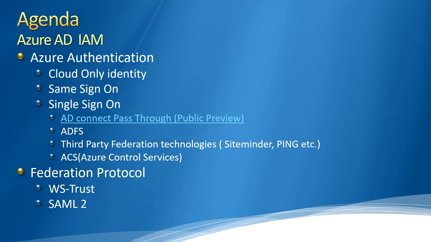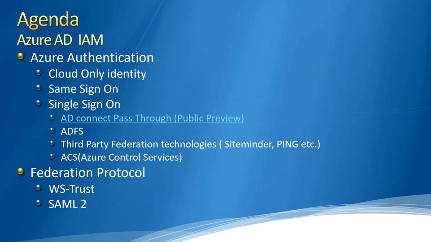But there was a need of the hour, where a lot of customers didn't want to set up a DMZ-based ADFS infrastructure or federation infrastructure and still wanted to utilize single sign-on, and that's where AD Connect pass-through or Azure AD pass-through authentication comes into the picture.